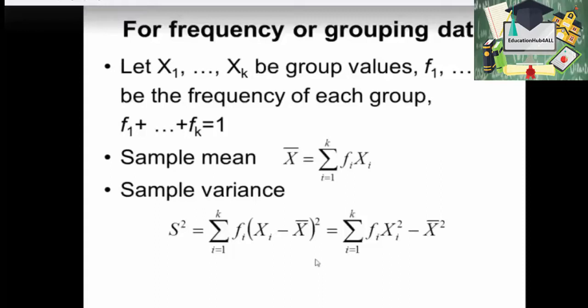Sometimes the frequency can be divided by the sample size, so then we do the standardization. This one, 3 divided by 5, is 0.6. This is 0.4. So we can say there are 60% of 0 in the sample and 40% of 1 in the sample, right?